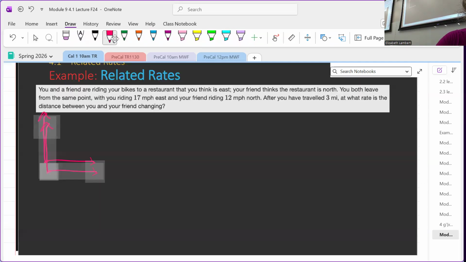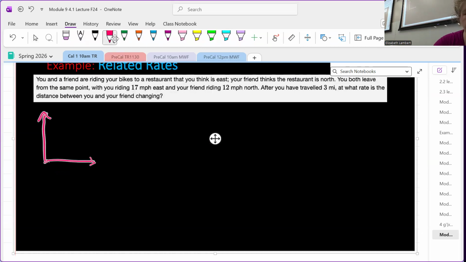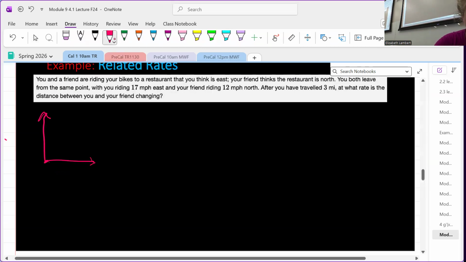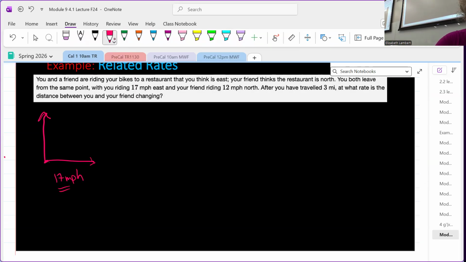So we know that the east direction is changing at that rate, 17 miles per hour. Our north direction is changing at a rate of 12 miles per hour.